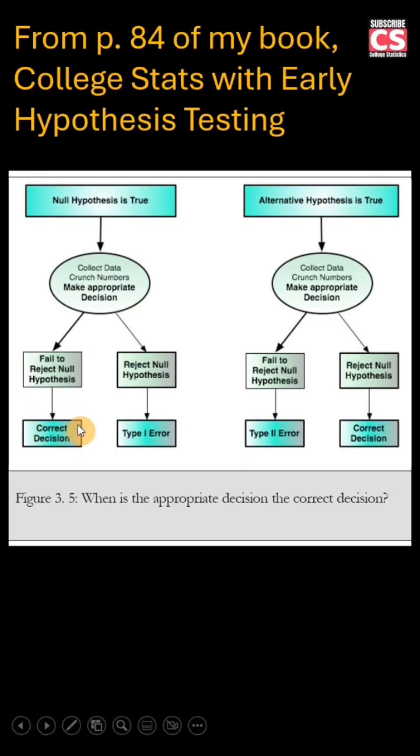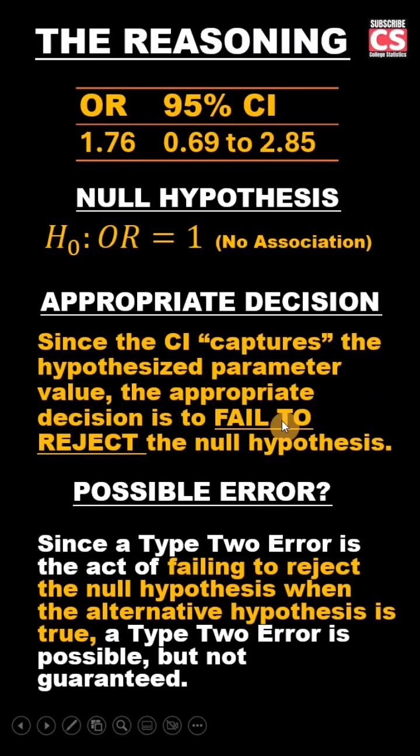And so, if we fail to reject the null hypothesis, either we make a correct decision when the null hypothesis is true, or we make a type 2 error when the alternative hypothesis is true. But of course, the human being doesn't know which hypothesis is true. So a type 2 error in this case is possible, but not guaranteed.